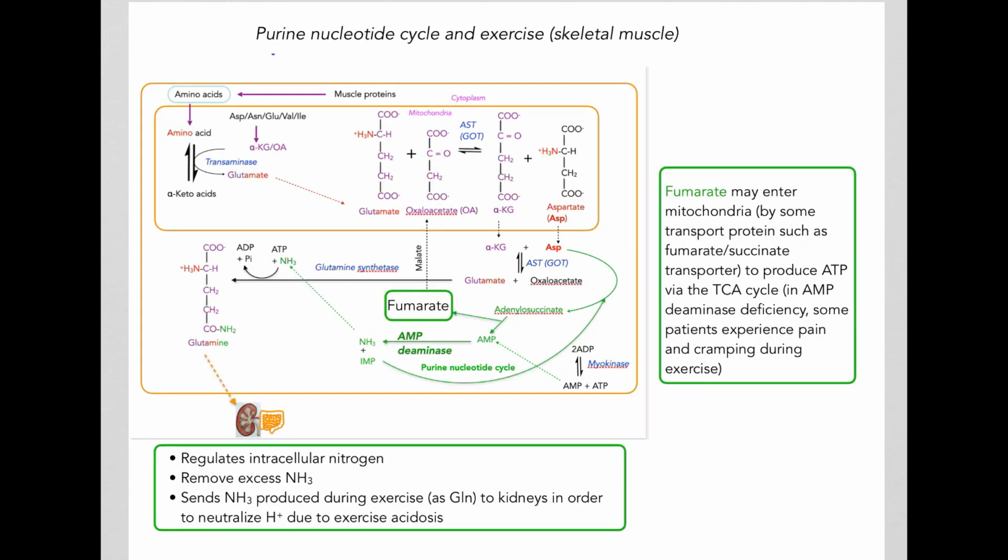The purine nucleotide cycle has a lot of physiological functions, some of which we are still studying. One of its connections is with exercise in the skeletal muscle. During exercise, of course, the skeletal muscle needs a lot of ATP, and this fumarate that is formed can enter the mitochondria, go through the Krebs cycle, and then eventually be used to generate energy.